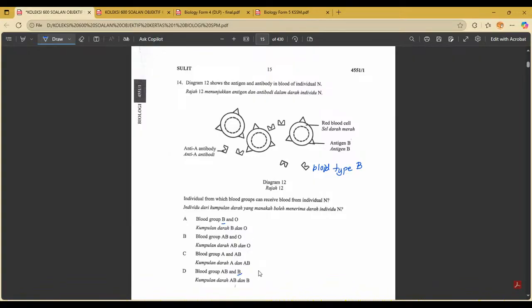Since it has anti-A antibody, it can't go into anything with A. So it can go to O and B only, since it will attack A and AB.